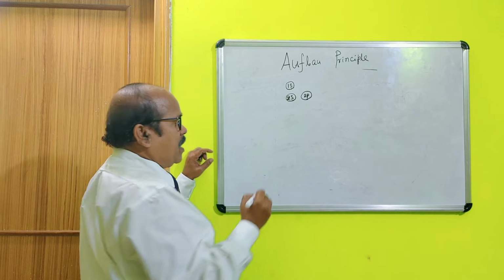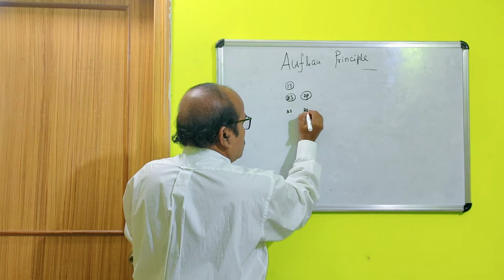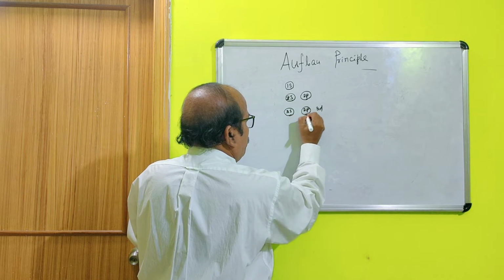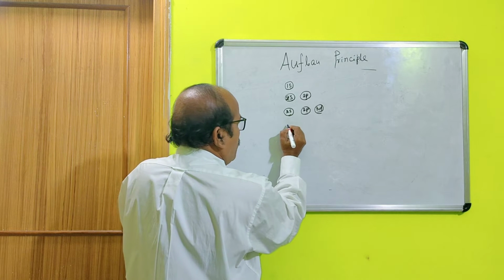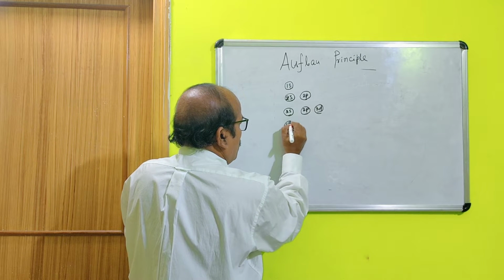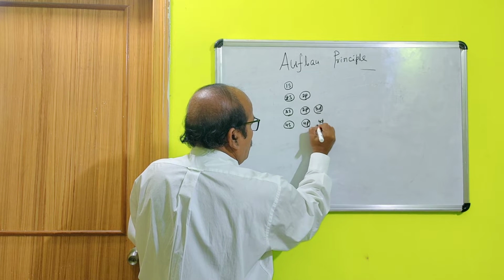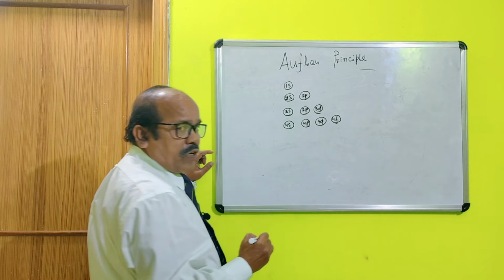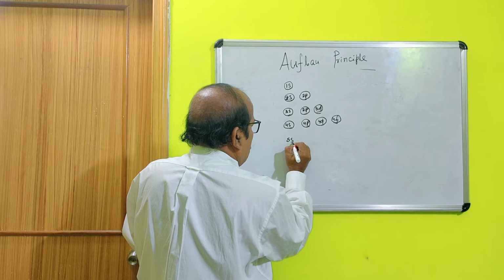For cell number 3, we have three subcells, 3s, 3p, 3d. For cell number 4, we have four subcells, 4s, 4p, 4d, 4f.